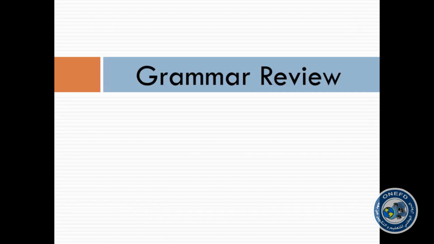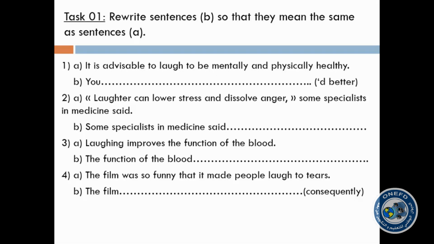When we say grammar review, it means we are going to review some prerequisites, the grammatical points you have already learned in the past units or in this unit. So you have task 1.